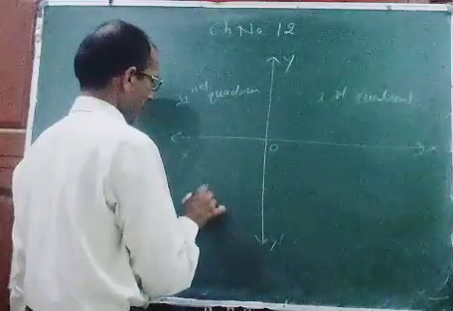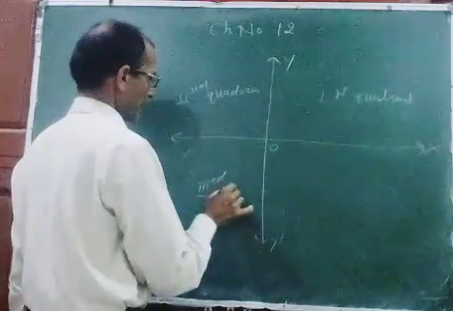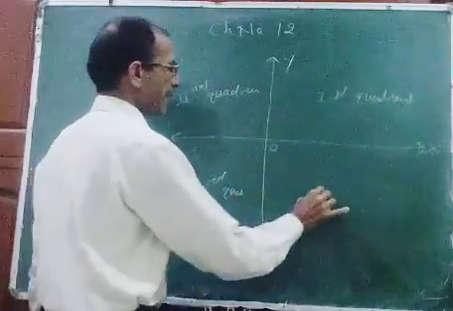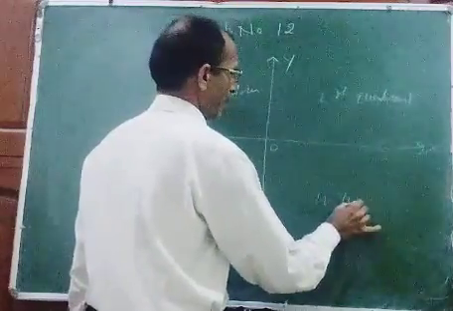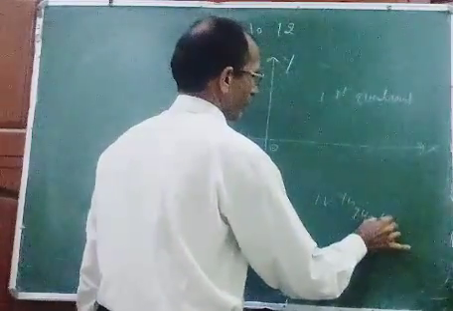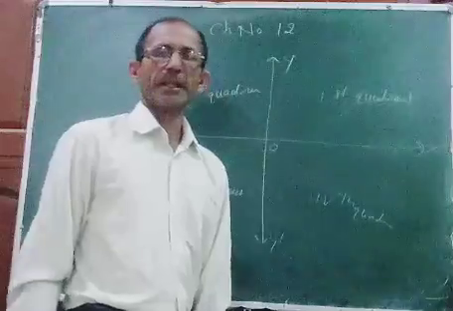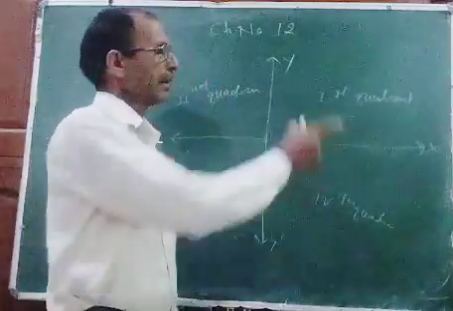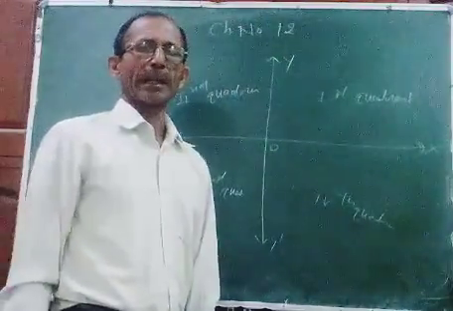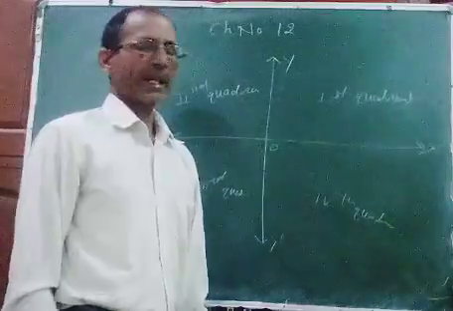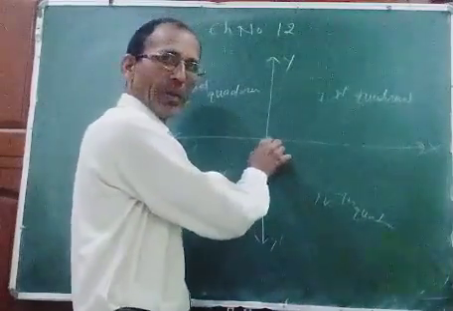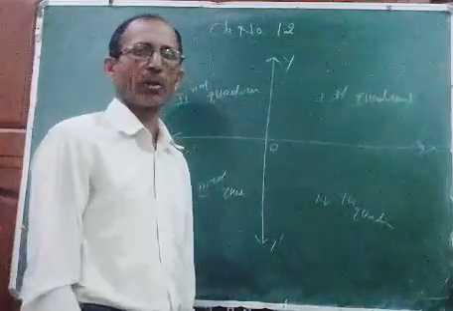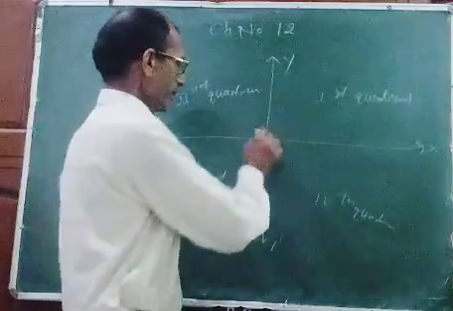And this is the third quadrant. And this is the fourth quadrant. Any doubt, any confusion? Two mutually perpendicular lines which are intersecting at O, and this intersecting point is called the origin.